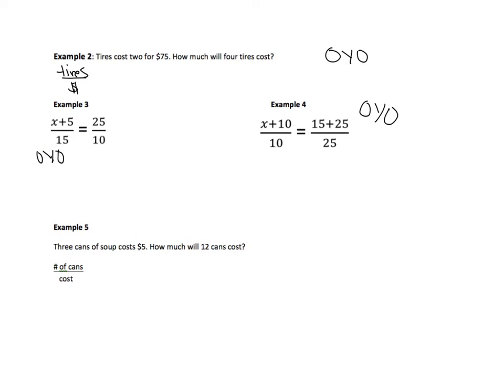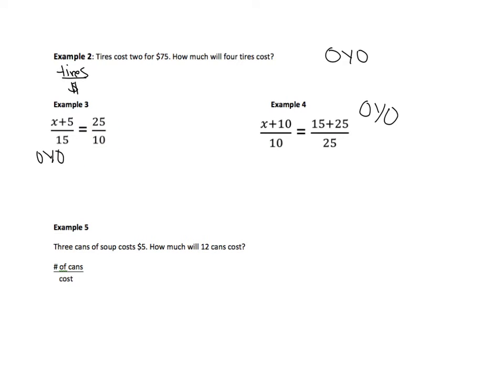All right. So examples 2, 3, and 4 are on your own. Example 2, I want you to set up your ratio of tires over money cost. Example 3 and 4 are pretty algebraic.